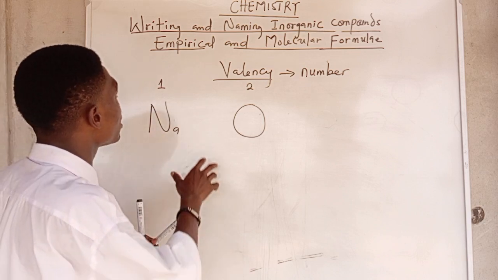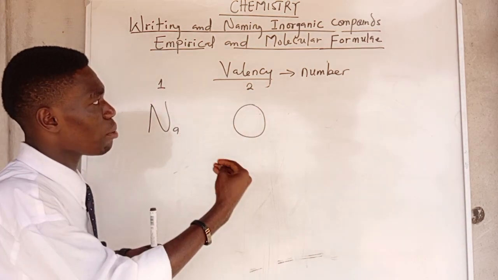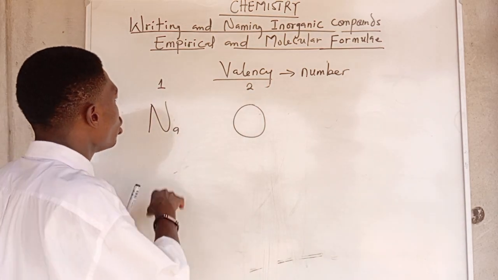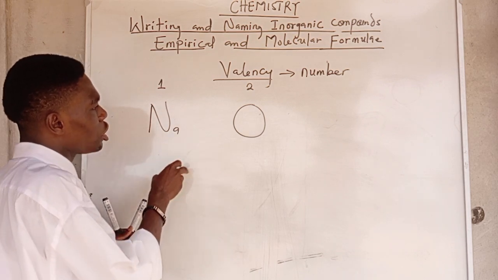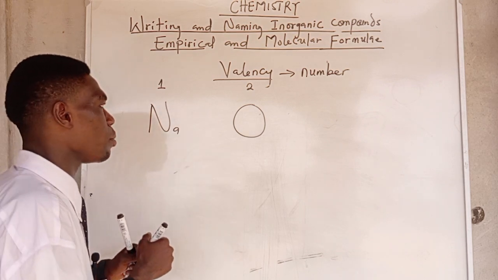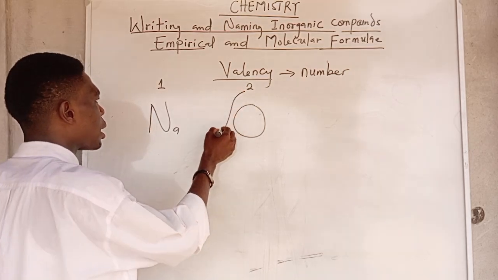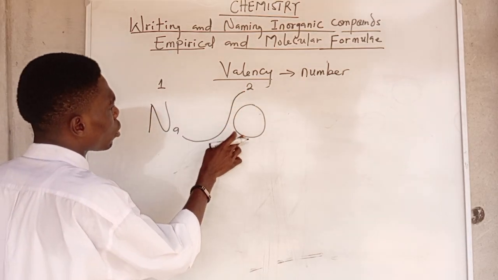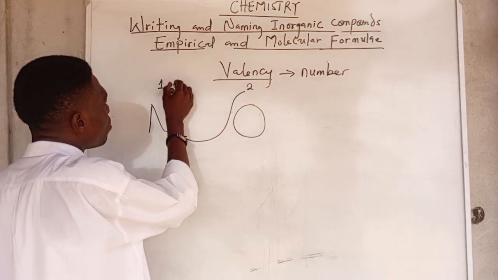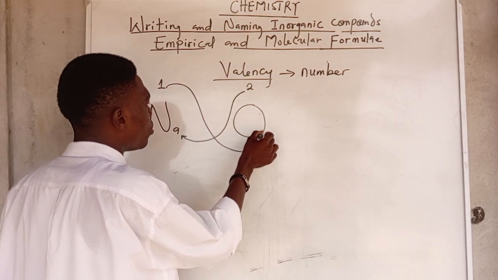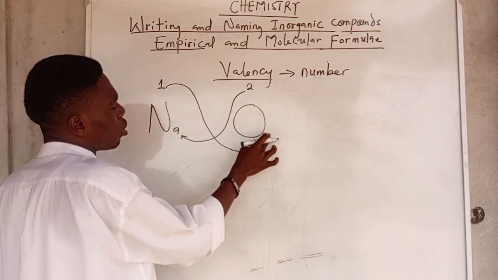So it simply means that if you want to write the correct chemical formula of an inorganic compound, just get the valencies of the elements involved and interchange the valencies, and that gives you the answer. Are we together now? So I'm going to pick this valency of oxygen and make it the subscript of sodium, and then pick the valency of sodium and make it the subscript of oxygen.